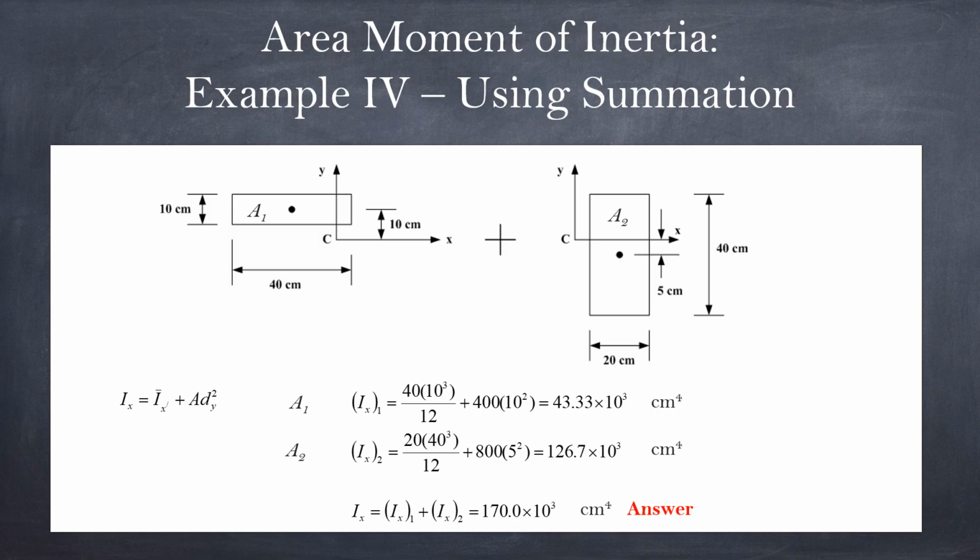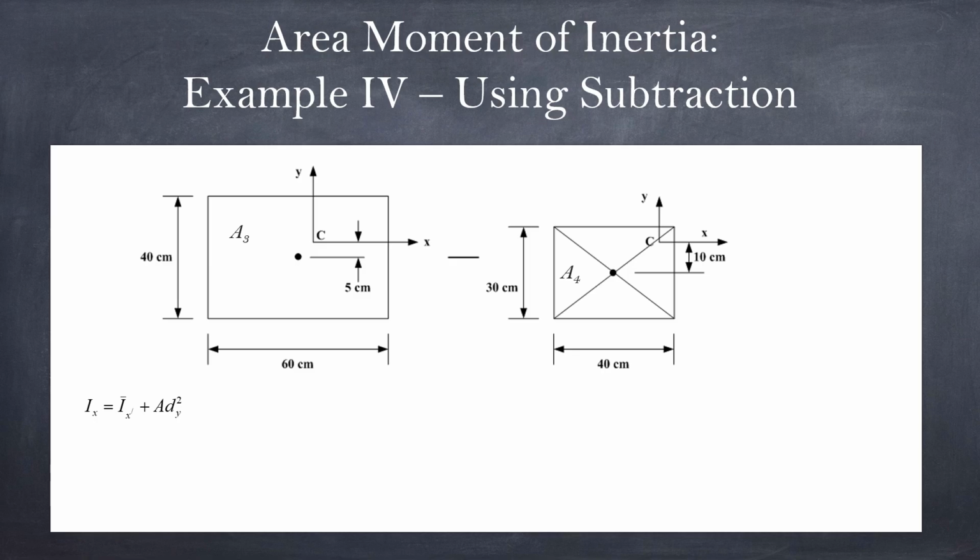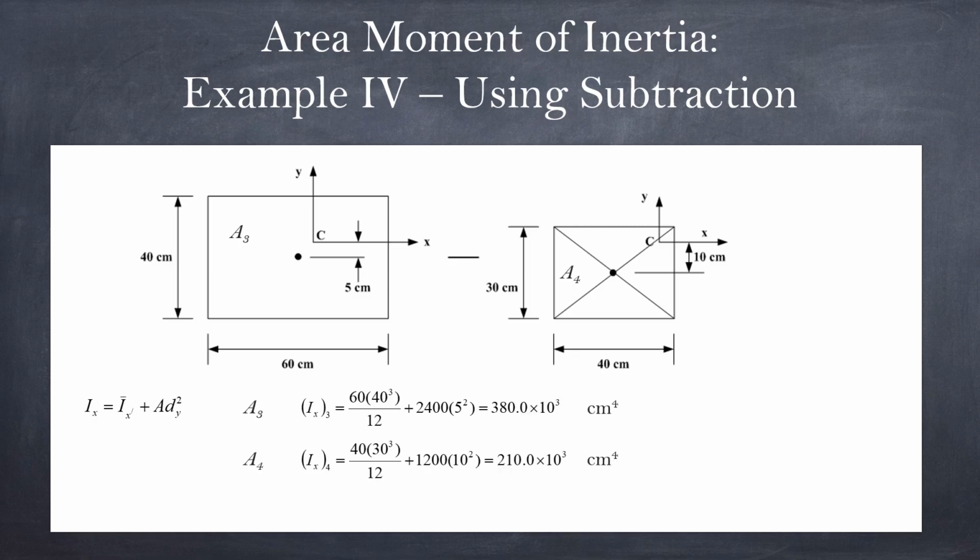If you use the subtraction form, however, it will be in this form here. I will call them area A3 and area A4. The same here: we draw the area and then draw the axis about which we need to find the area moment of inertia, so that we can see the gap clearly, as indicated there. Again the same idea: we calculate for area 3, and then for area 4.